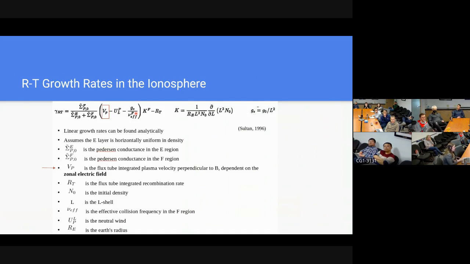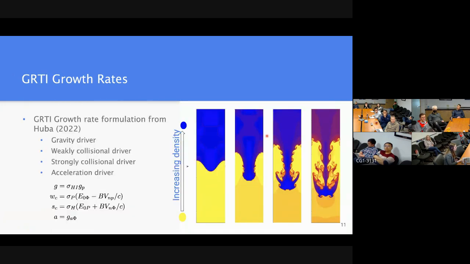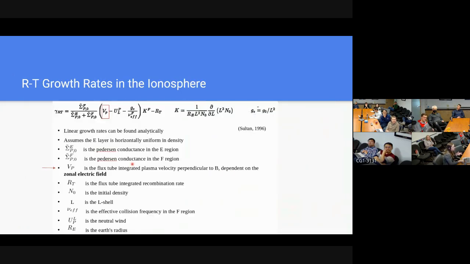But since then, there have been newer formulations that better capture the contribution of electric field. So for this study, I'm using this formulation from Joe Huba that he published last year, in which he added ion inertia and acceleration effects. And like I said, it's a field line integration, but it's typically only integrated over the F region.